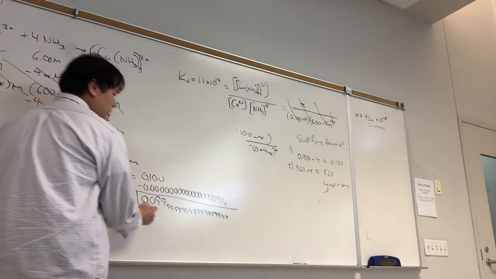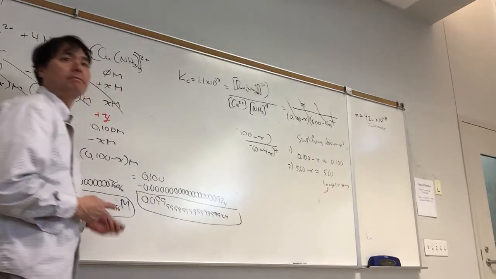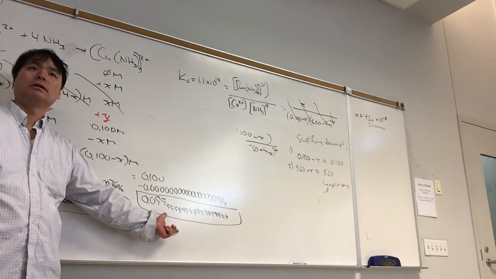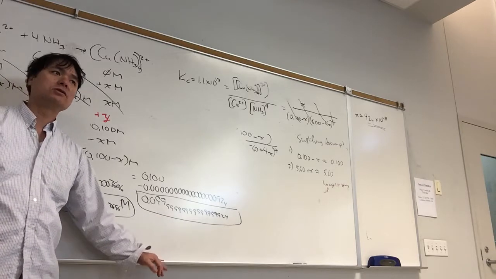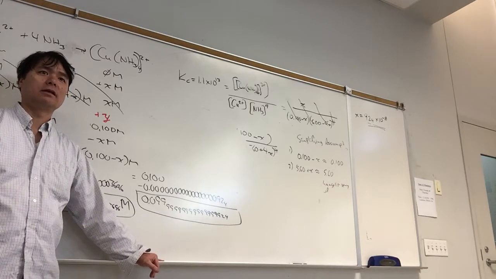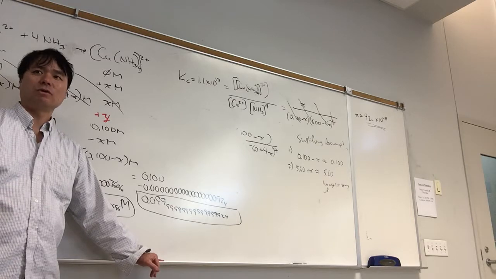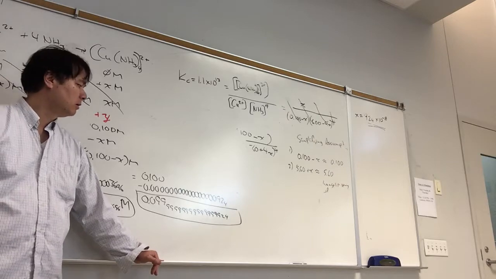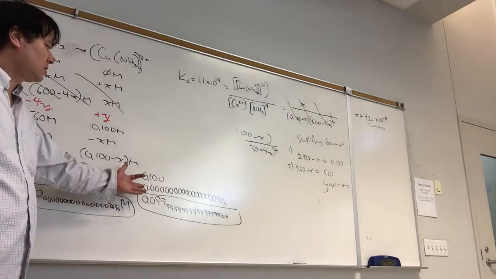Did we lose much here? If you were to plug this number into your calculator and hit enter, what do you get? 0.1, because your calculator is going to round this, right? 0.1. And so, yeah, it's pretty much 0.1.